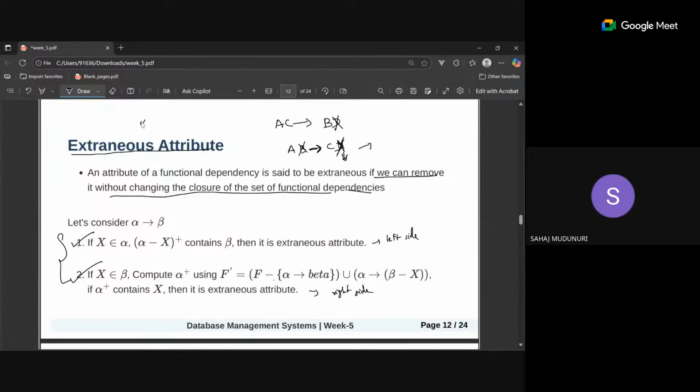If I say it this way, beta is dependent on alpha. If you say this one, alpha determines beta. Got it, sir. So the arrow means determines and the other way around is dependent.